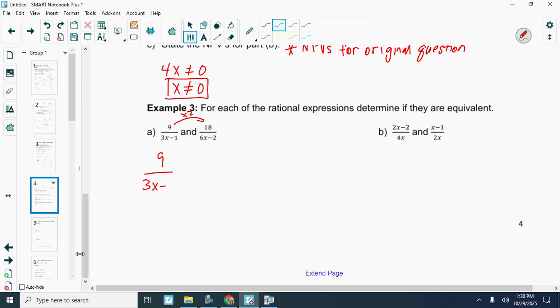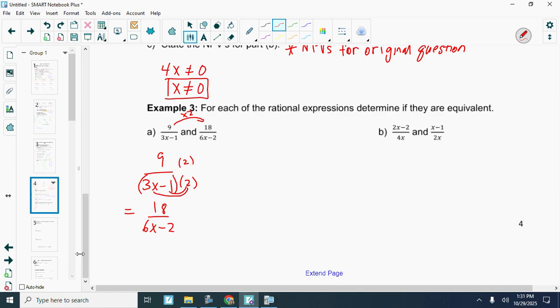So if I do this, minus 1, and I multiply everything by 2, I end up with 9 times 2 is 18. And on the bottom, I just multiply the 2 through, so I have 6x minus 2. That's exactly what we have on the right-hand side.